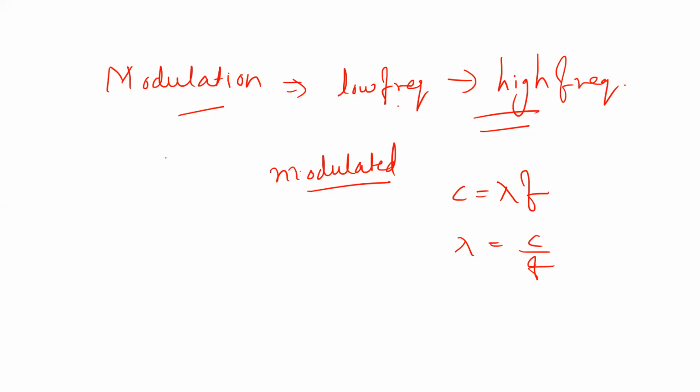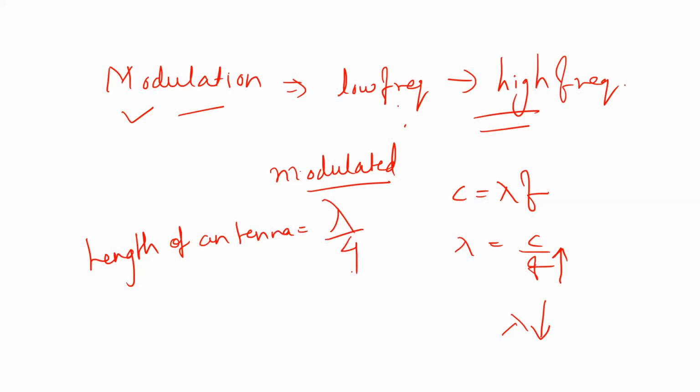Now imagine if modulation goes from lower frequency to higher frequency, that means if the frequency increases, the lambda will reduce. Now, the antenna which is used for propagation purposes generally has a length of approximately lambda by 4. So modulation makes my life easier.